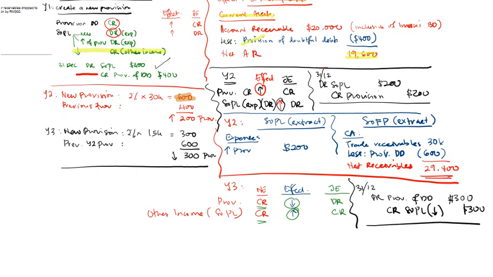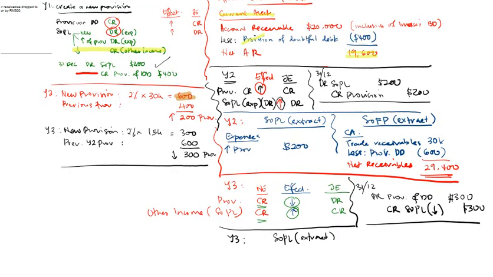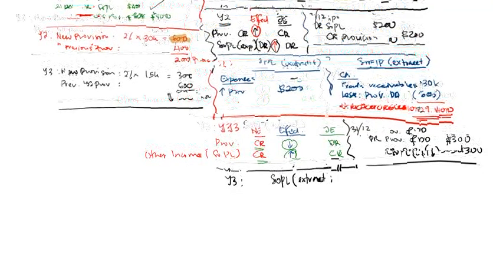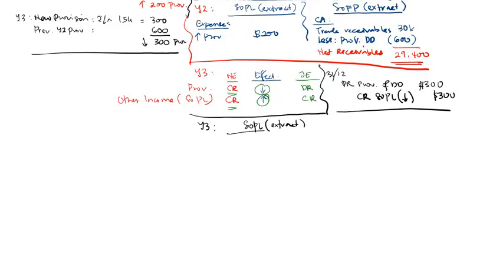So now let's look at the effect on our financial statement in year 3. Since this is other income, it will no longer be shown in expenses, but it will be under the subheading of other income.